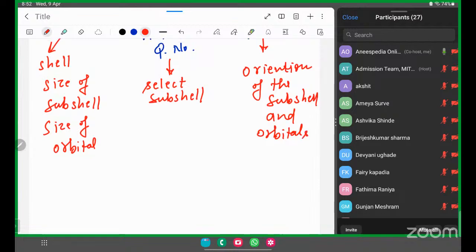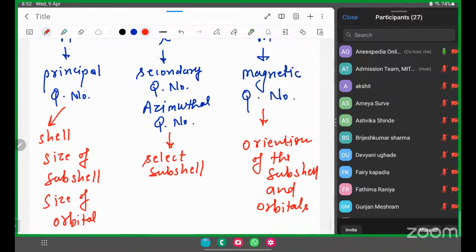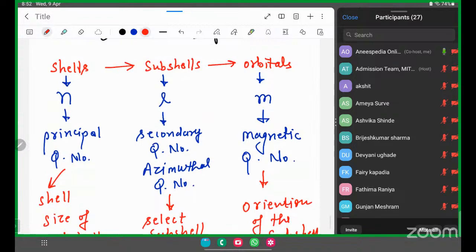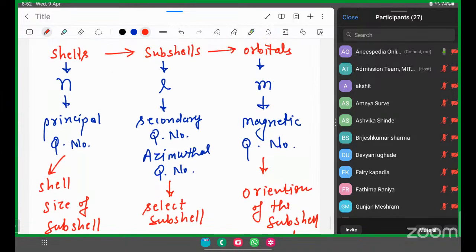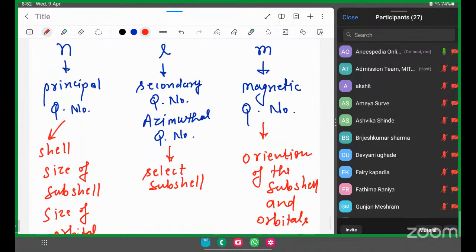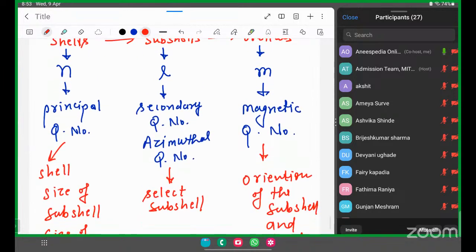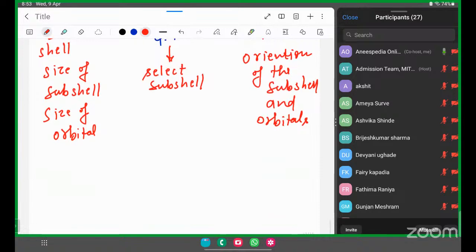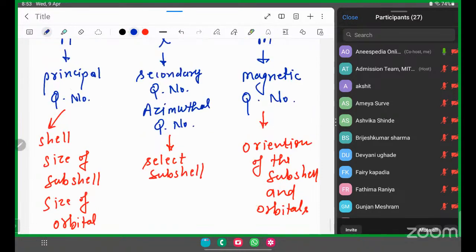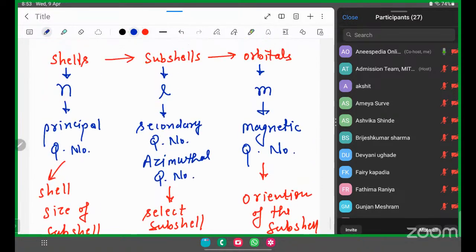So quantum numbers are the address of an electron. Same as a person has an address, an electron has an address which is given by N, L, and M. We have 4 quantum numbers: principal, secondary and magnetic.